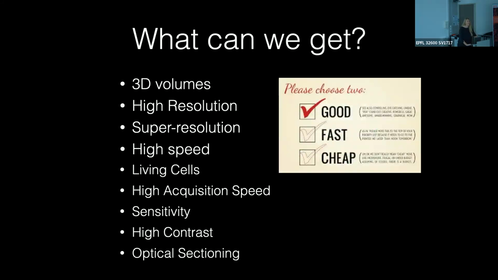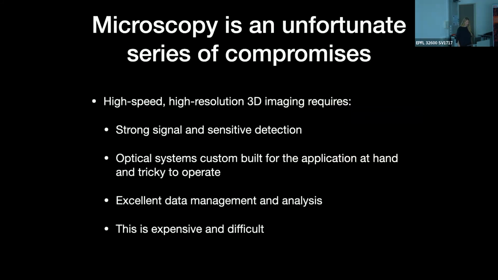So what we can get in microscopy, we can get so many things. We can get 3D volumes, we can get high resolution, we can get super resolution, we can get high speed, we can have living cells in nearly physiological conditions. We can have all of these different things, but we can probably not have all of those at the same time. So what I've focused on is really high-speed 3D imaging.